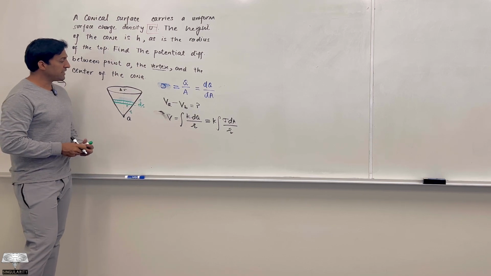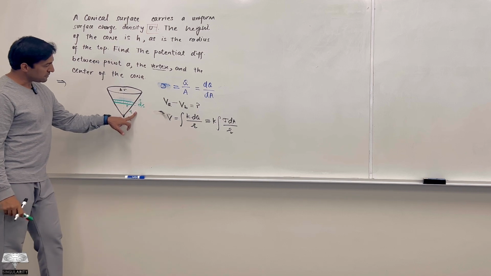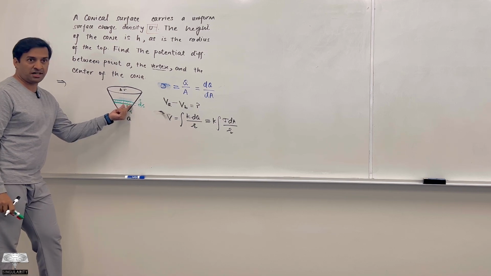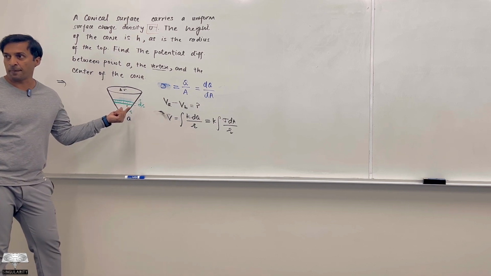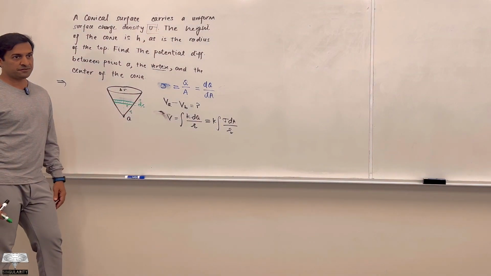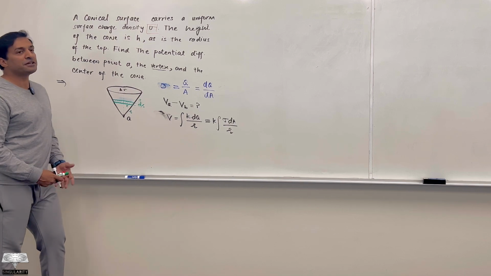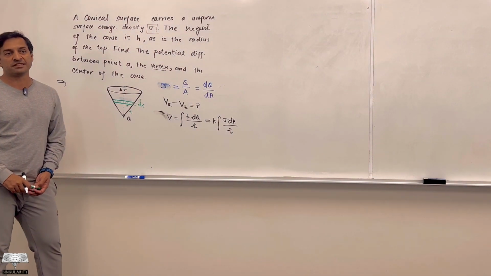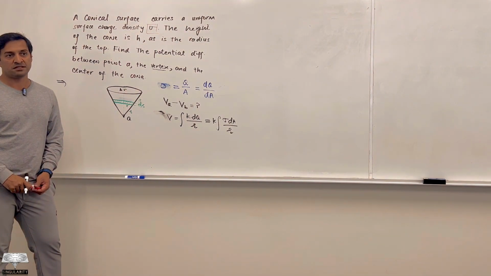So how do we calculate the area of this green patch? I have defined this distance r. This is the radial distance from the center of the cone to the surface of the cone. If it's not a cone but a cylinder, what's the area element of a cylinder?